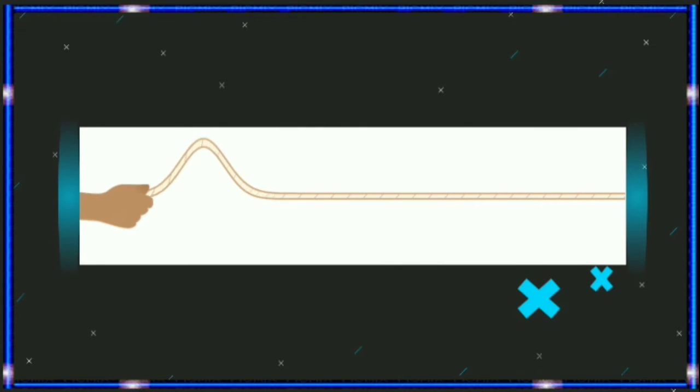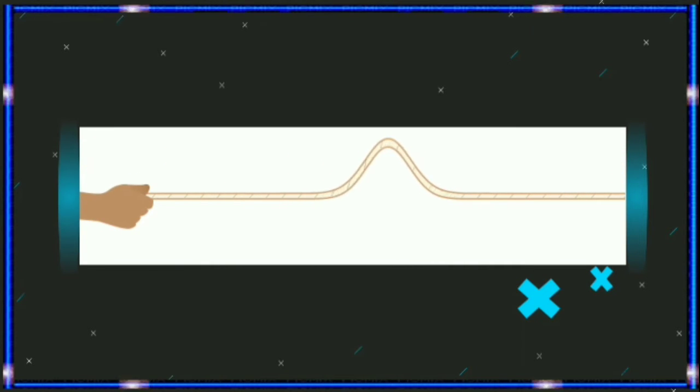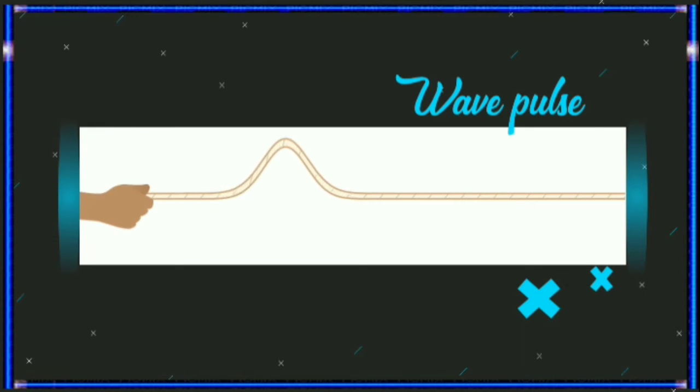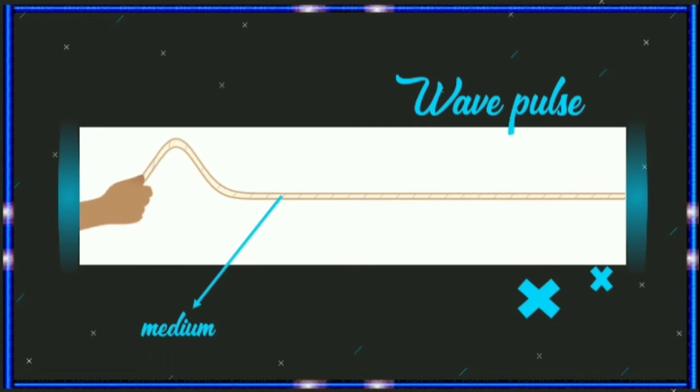A common example of a wave is when you move a rope forward and back. The energy travels from our hand to the rope, creating a wave pulse. In this case, the rope is the medium that transmits waves.